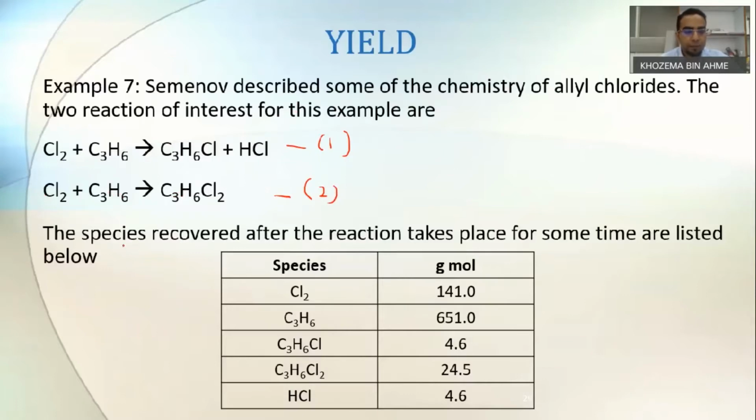So the species recovered after the reaction takes place for sometimes are listed below in the table. So you can see here, sometimes after the reaction has occurred, we still have chlorine and propane, also with our products, which is chloropropane, dichloropropane and HCl with their respective moles.